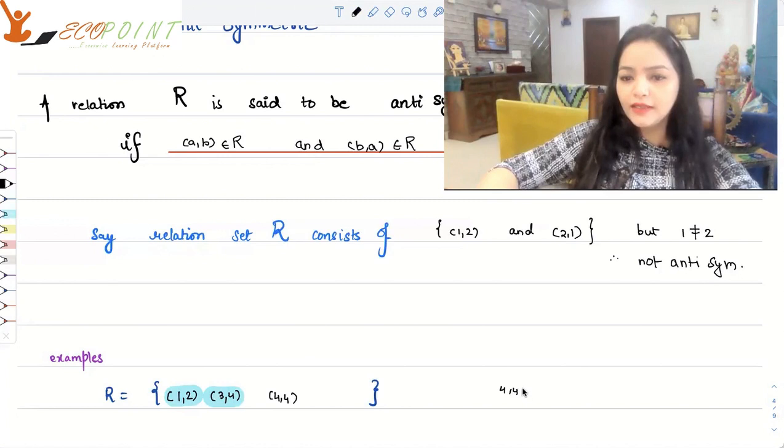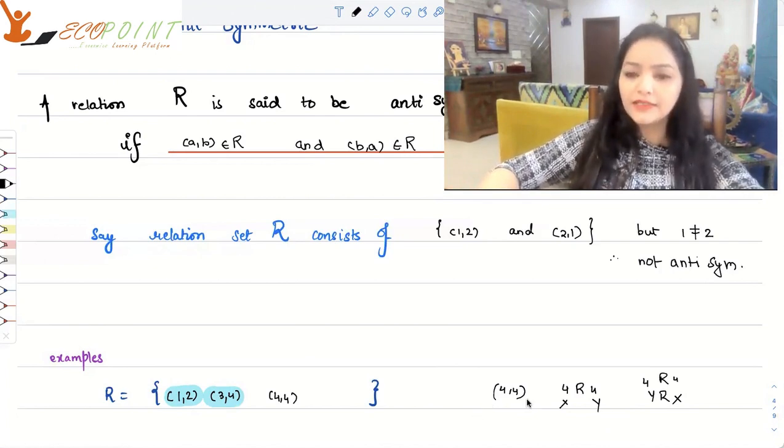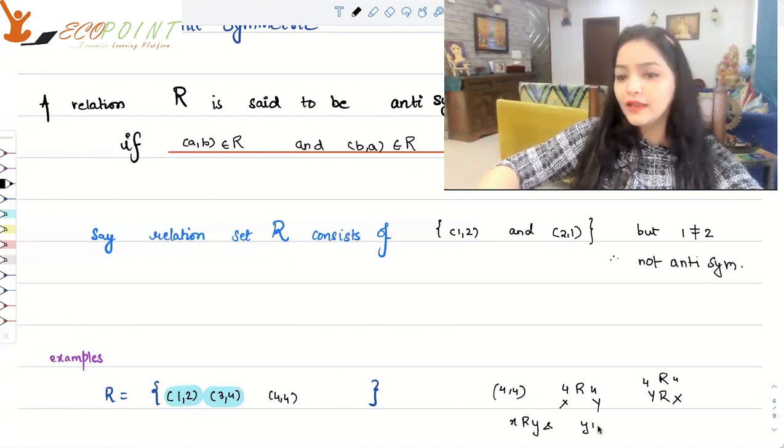Now (4,4) is 4R4. So this is like xRy, and x and y both are 4. So I can say yRx also, because that will also be (4,4). So yRx is also present. But when (4,4) is present, if I take it as xRy or yRx, xRy is there and yRx is there.